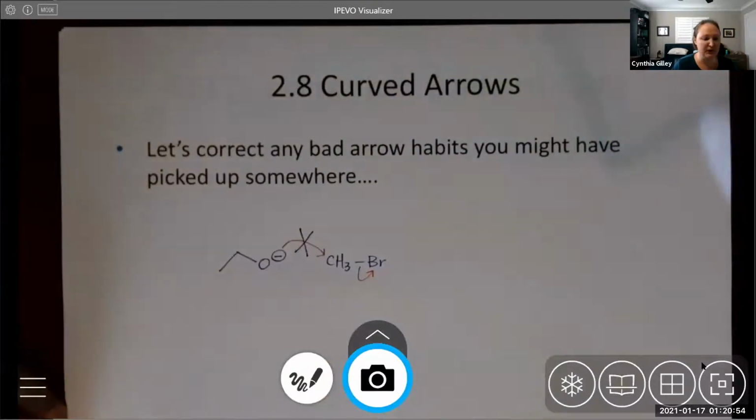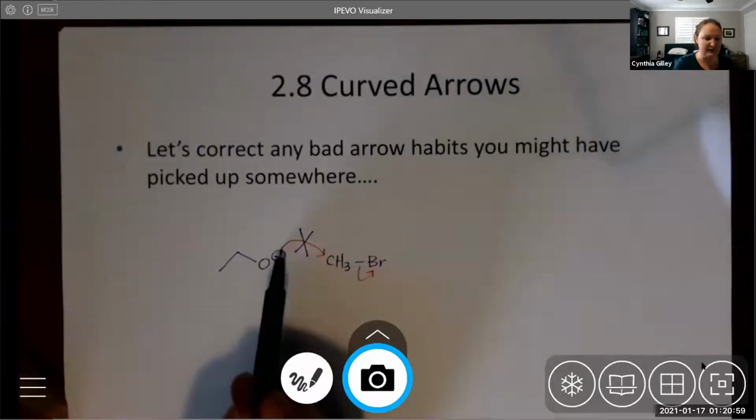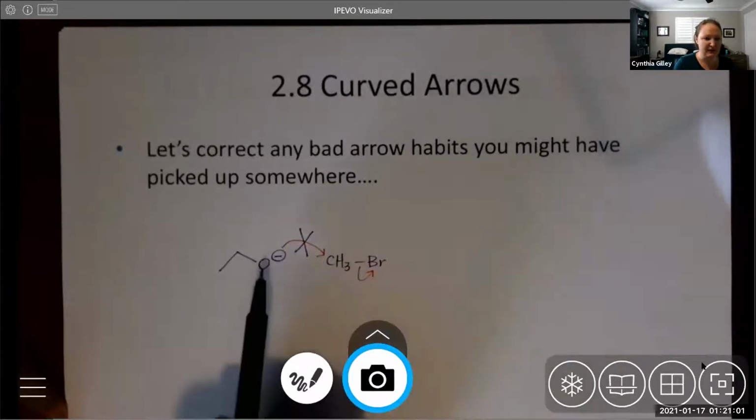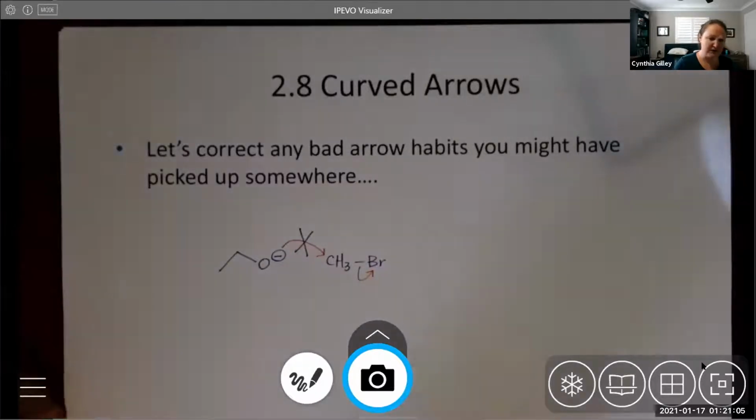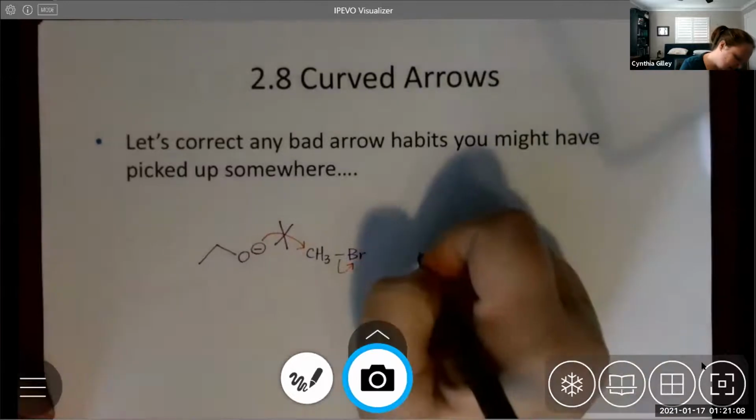Remember the rules for curved arrows. Arrows' tails must start on a source of electrons. The charge symbol is not a source of electrons. I would prefer it if you would draw in the electrons.